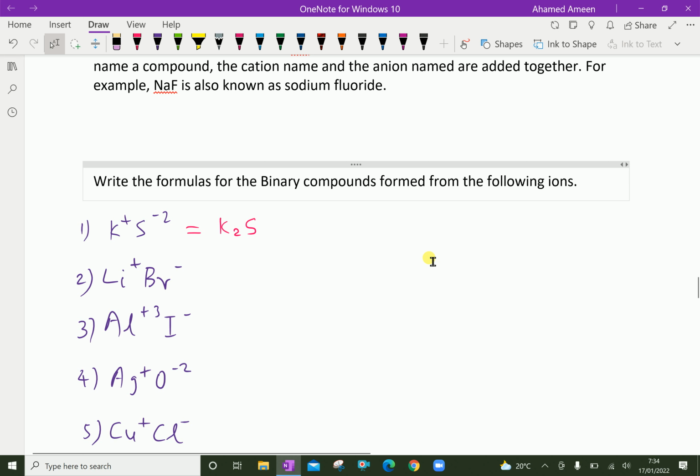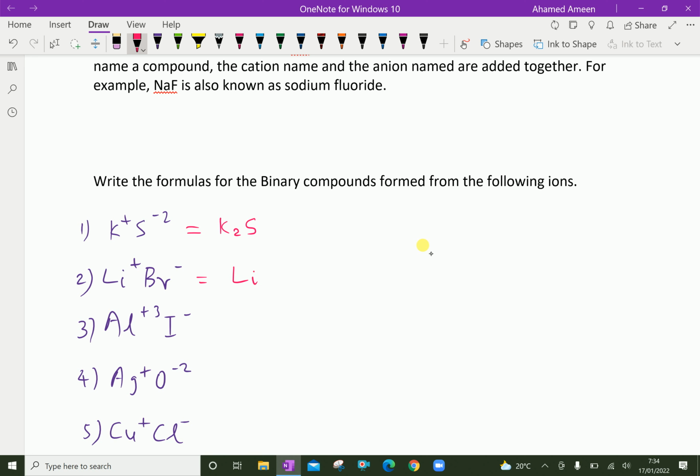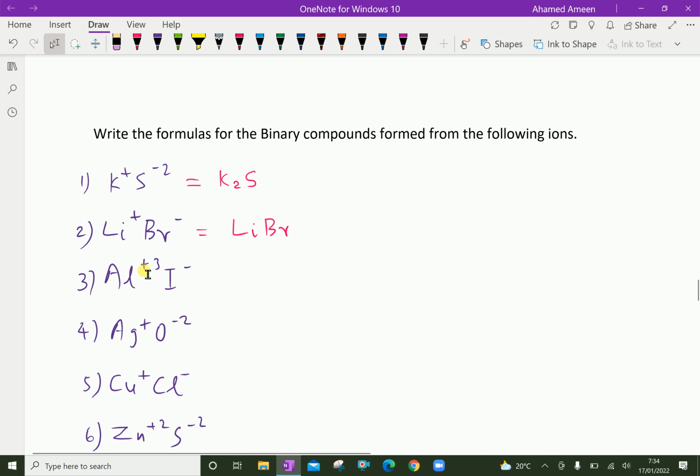Lithium and bromine both have single charges, so we have LiBr, lithium bromide. Here aluminium has 3 positive charges and iodide has a single negative charge, so we have AlI3.